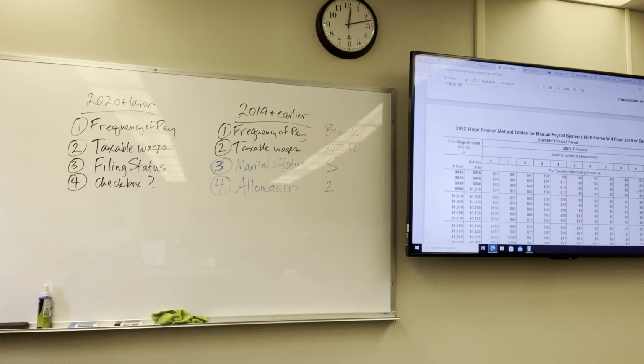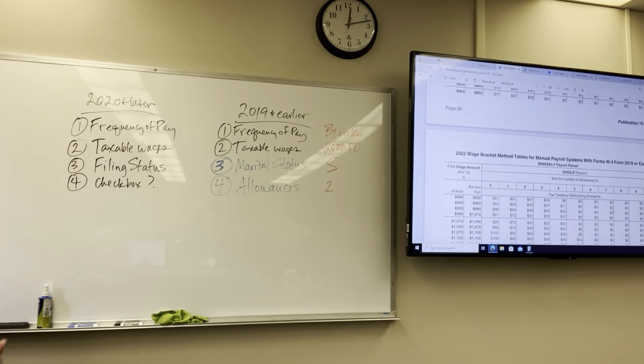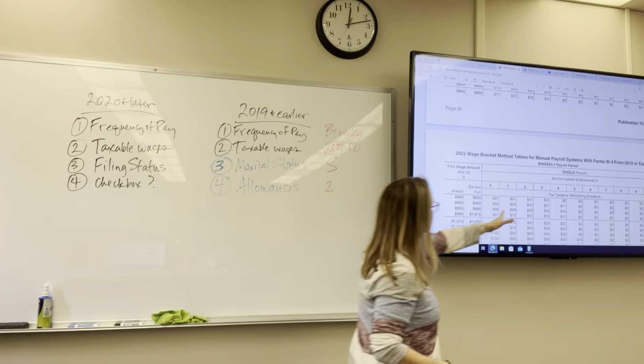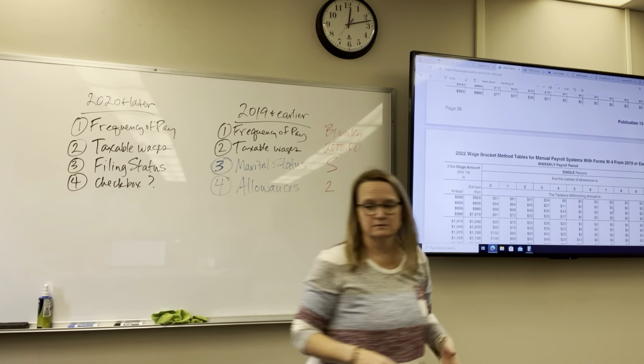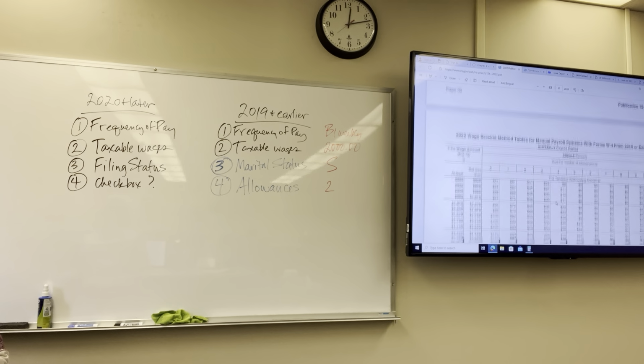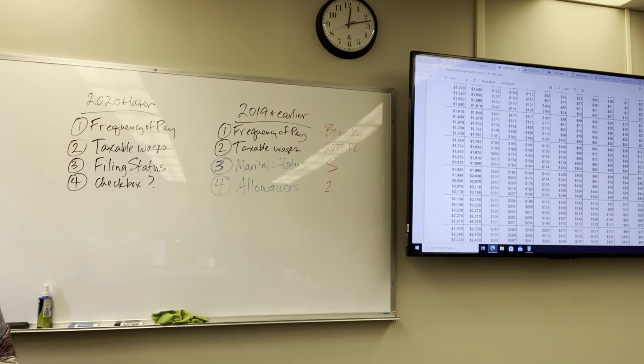But this way, I mean, it's pretty simple. So we've got 2 allowances, that means we're going to look at this column here, the second column, and we're going to find the income. 2,000 is between 1950 and 2030, so $174.